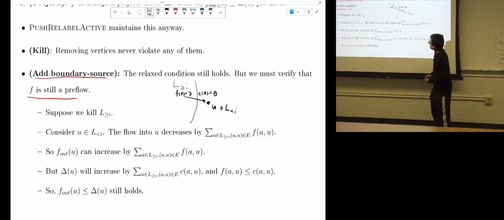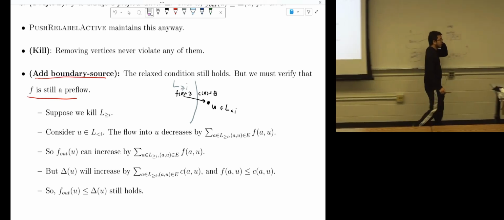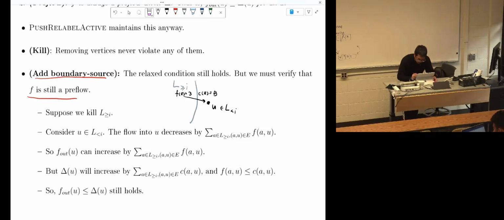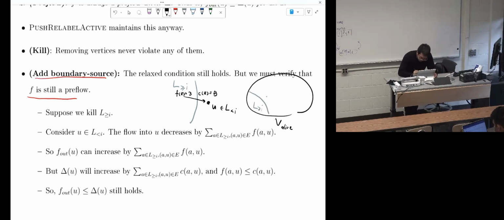But if you look at the new source of U, the new source at U would increase by 5. Maybe it's better to draw it like this. Let's say this is the live part, and this is the part that I queue.